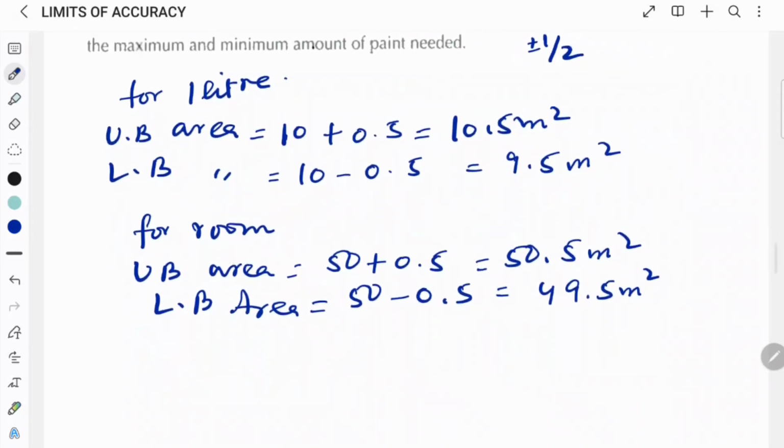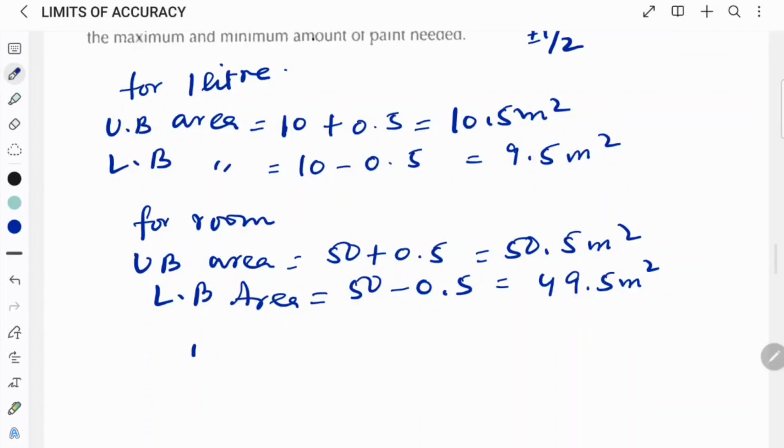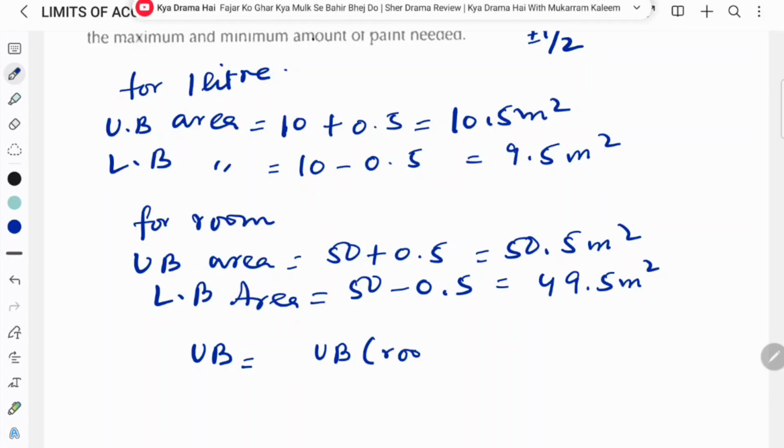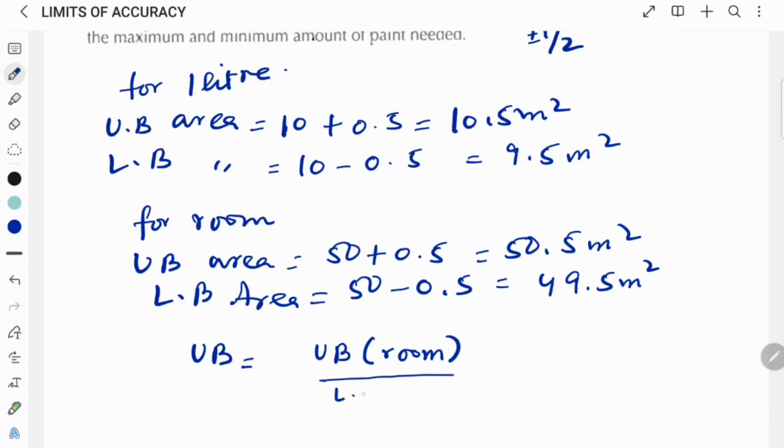Now you have to divide. For the upper bound, you take the upper bound area of the room divided by the lower bound area for 1 liter.